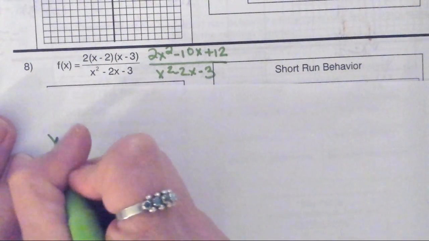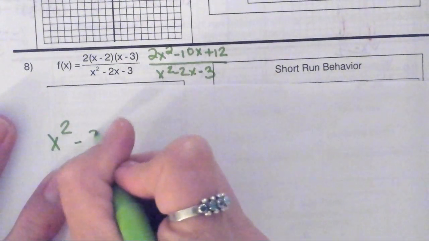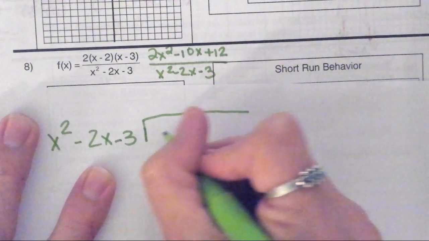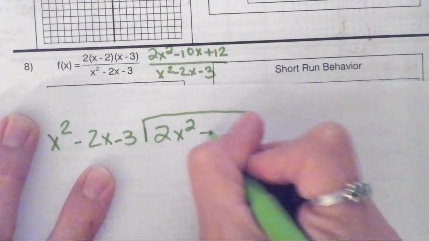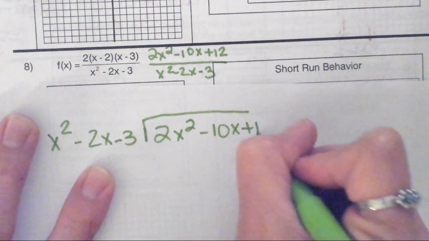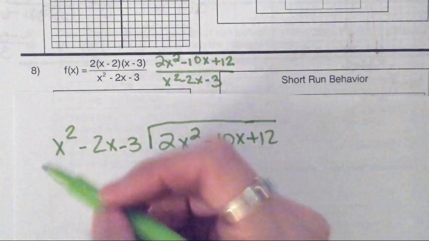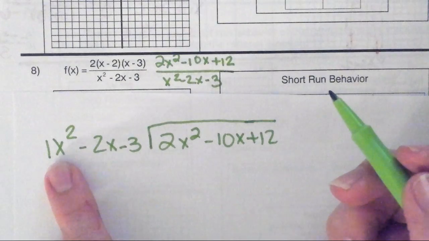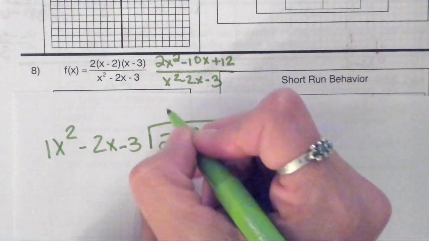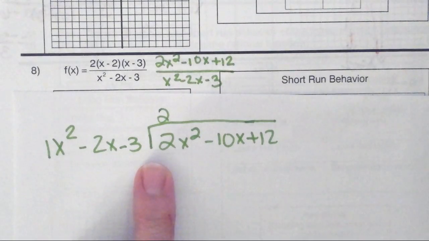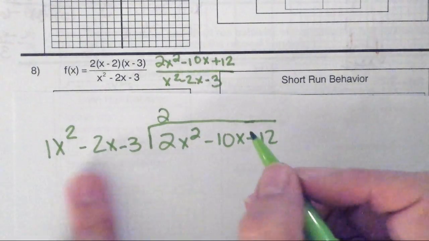All right, so we're going to divide x squared minus 2x minus 3 into 2x squared minus 10x plus 12. You're looking at your first number. How many times will 1x squared go into 2x squared? Twice. So 2 goes on top, and then I have to multiply all these numbers by 2.